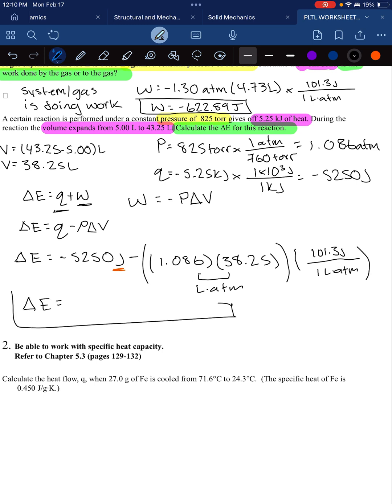And let's see what answer we get. That was horrible. All right. 1.086 times 38.25 times 101.3. And I will do negative 5,250 minus that answer.